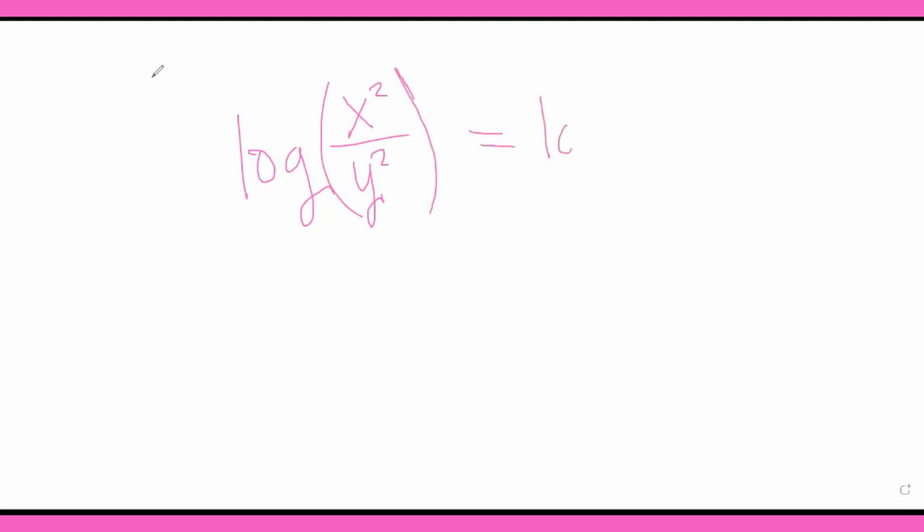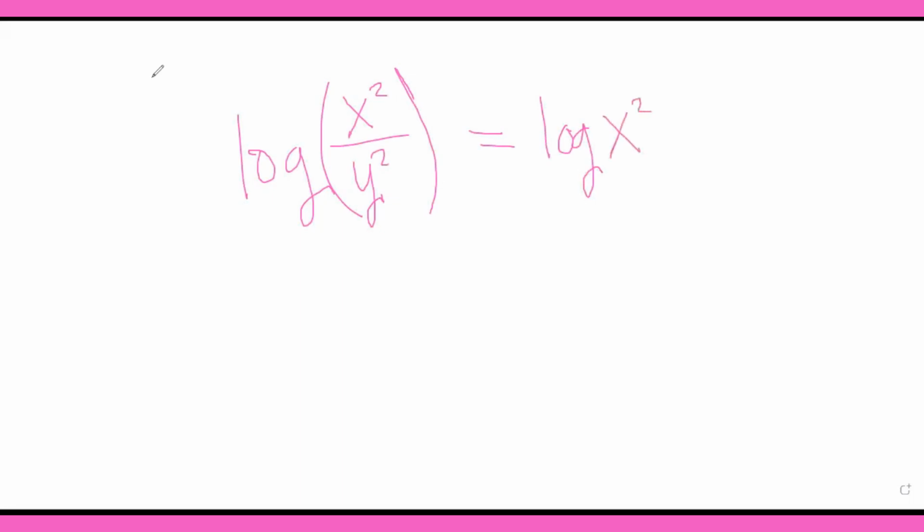So now let's talk about the quotient rule. The quotient rule is what you would guess, similar to our exponent rules. When I have two things that are being divided, quotient goes with division. If I had log of x squared over y squared, I could say that expands to two things subtracting.